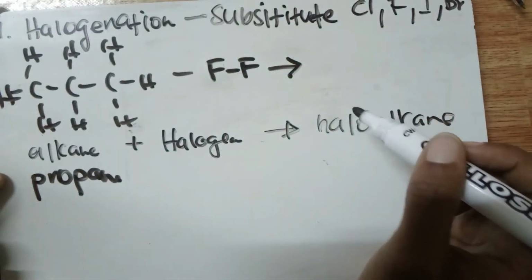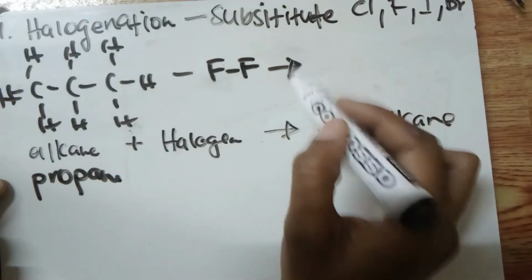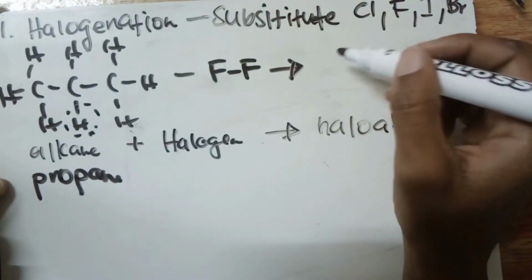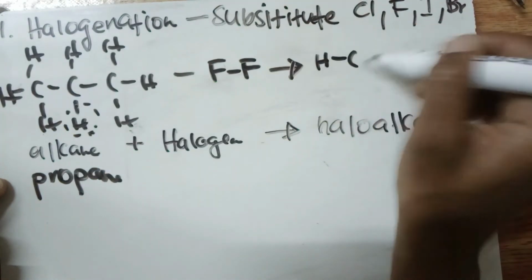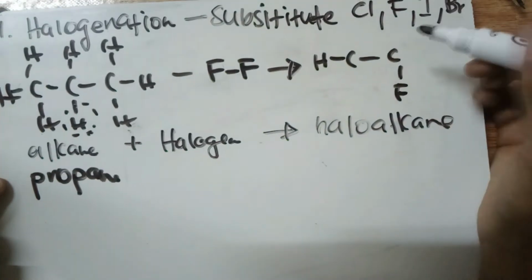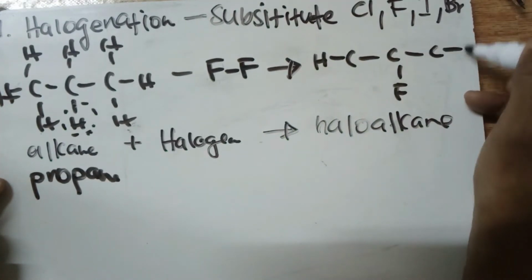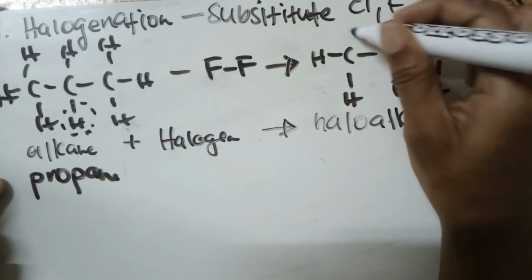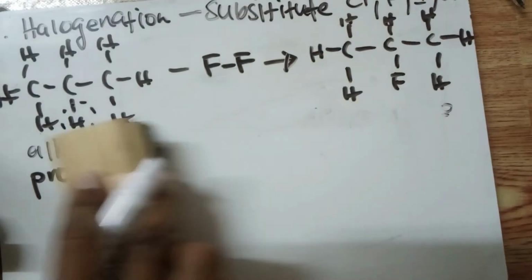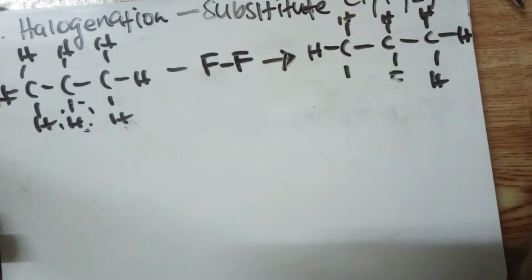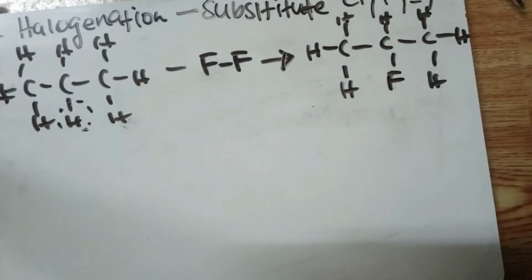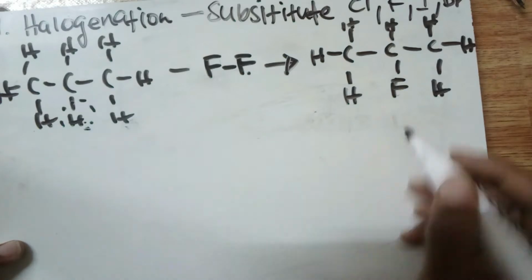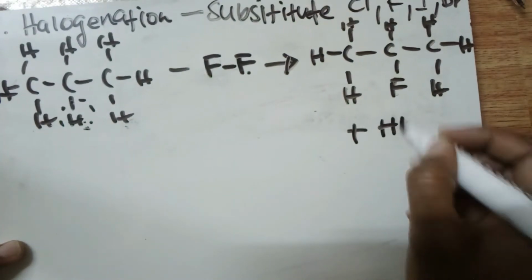And then what we get is that we're going to substitute a hydrogen. Let us substitute this one. So this means that we will have H, C, C, with our fluorine there, F, H, H, H. But you should notice something from this: we only substituted one atom of fluorine, took this hydrogen off, meaning one of our products is also going to be HF, right?